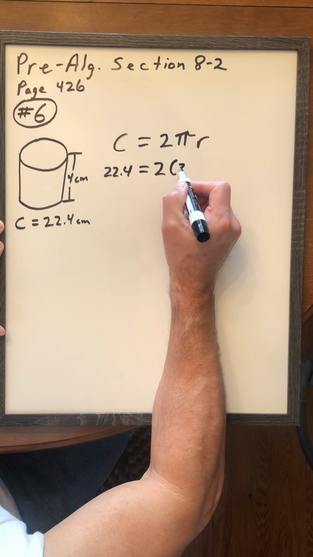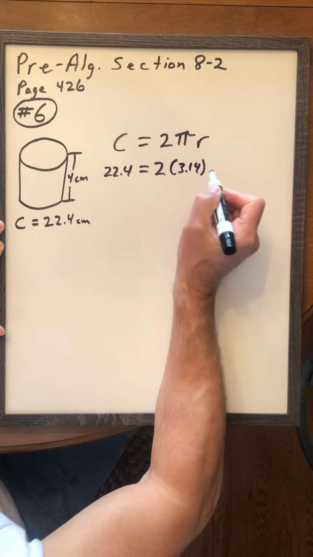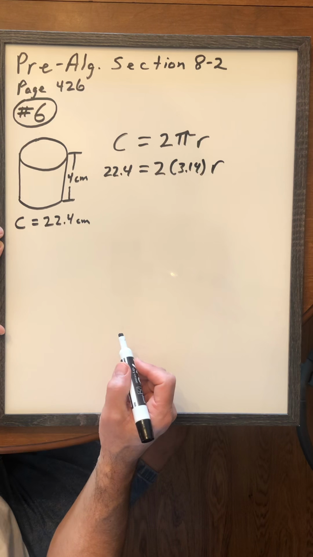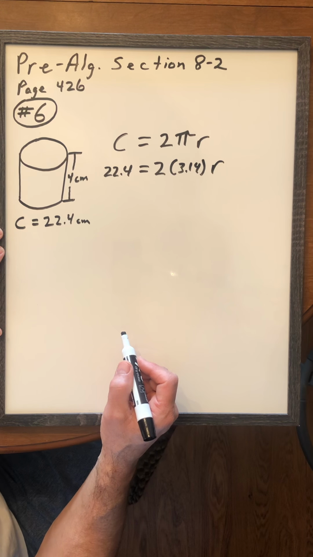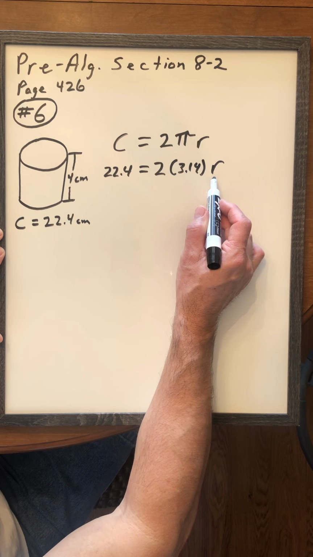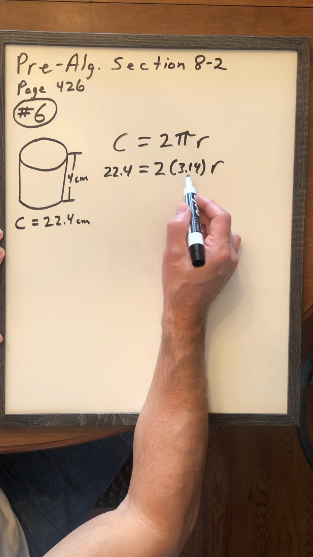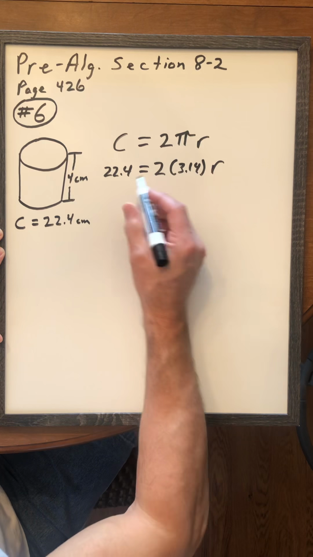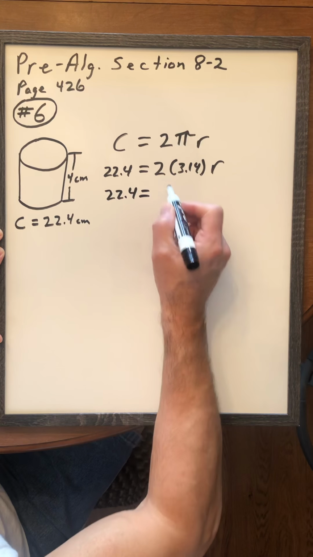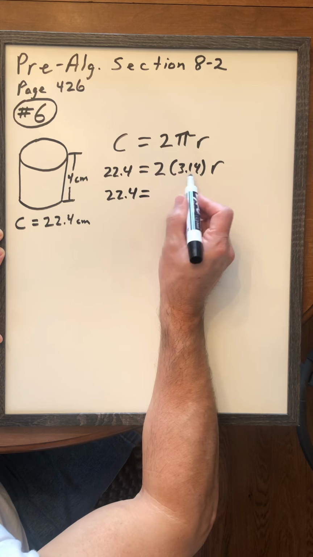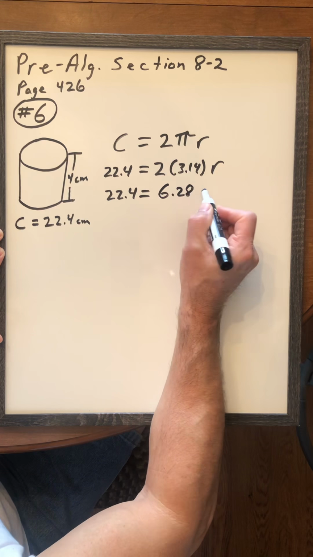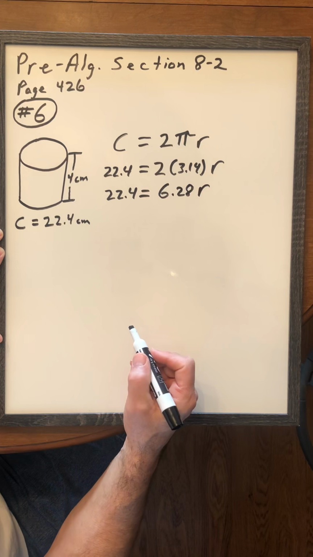I'm going to use 3.14 for my pi, and then r is what I'm looking for. So now I have everything in there and I can solve for r. First thing we need to do is take 2 times 3.14, so this would stay 22.4 equals, and then 2 times 3.14 would be 6.28, and then times r.